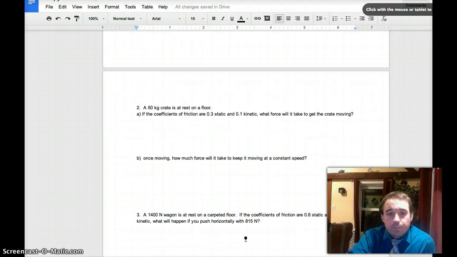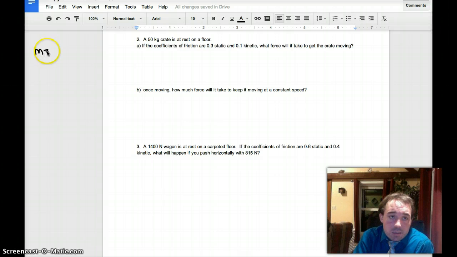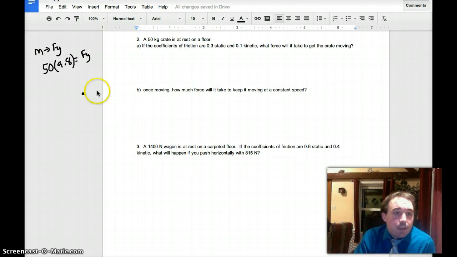Question 2. Scroll up so we can see. So question 2. 50 kilogram crate. We have mass, but I don't want to deal with mass. So mass to weight, I'm going to multiply by 9.8. 50 times 9.8 equals my weight. 50 times 9.8 is 490.